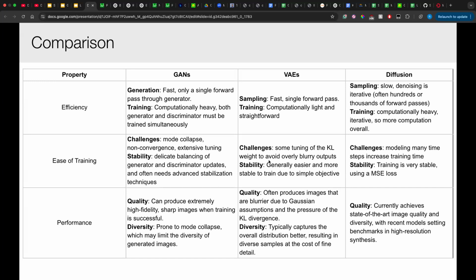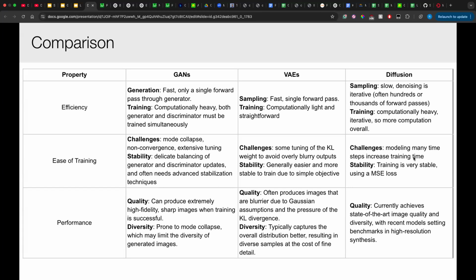VAEs: their loss is in two parts, the KL divergence, if you remember what that is, plus the reconstruction loss. Tuning that requires some work, but it's not that bad. Diffusion models: this is just a computational thing.